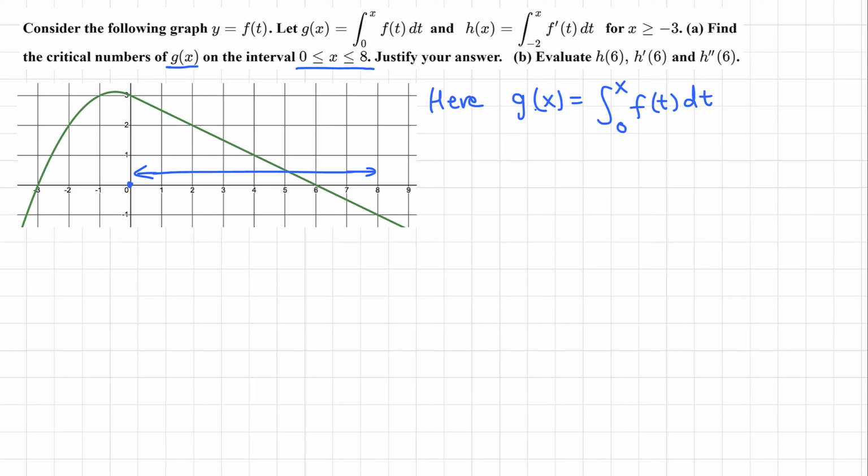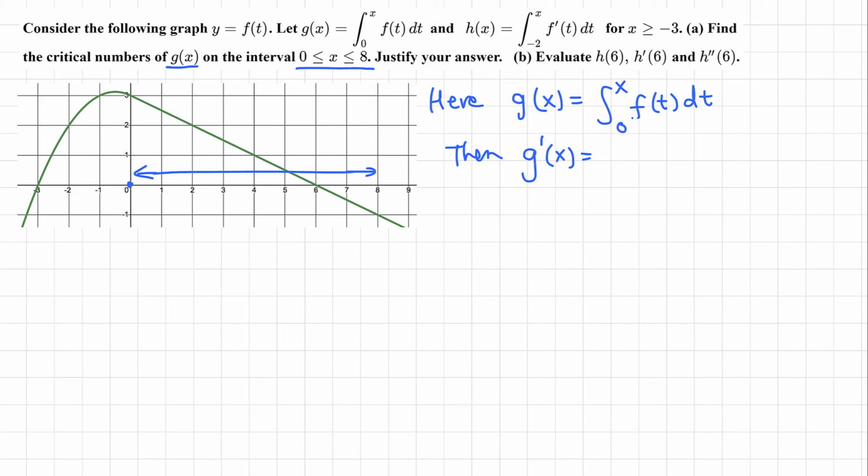So let's find the derivative. When we find its derivative, that derivative will cancel this antiderivative sign and dt together.